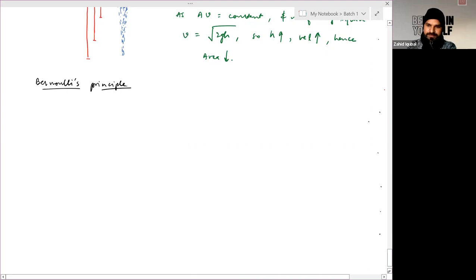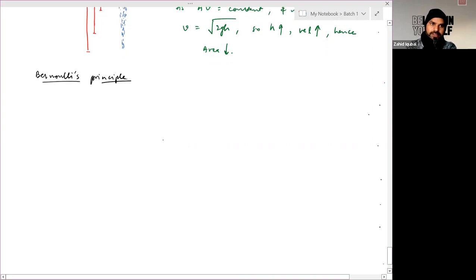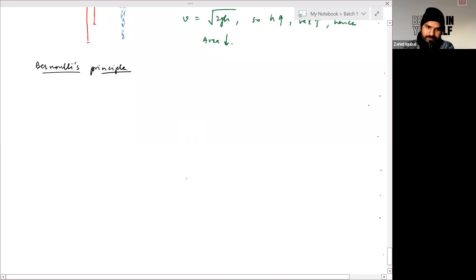Let me define what it states. Suppose you have a tube of varying cross-section area like this, and whose end is at different level.